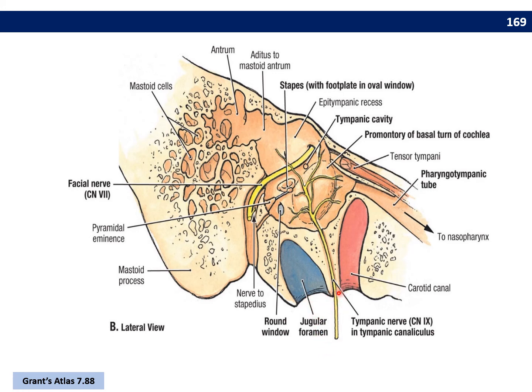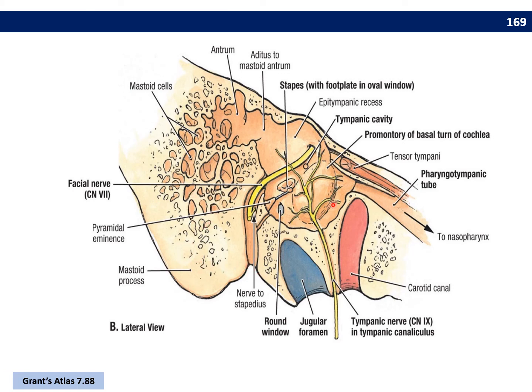Here's our tympanic nerve, which goes through this tympanic canaliculus to get to the promontory, where it then participates in the tympanic plexus. And then in this image, the bony covering of the facial nerve has been removed so that you can appreciate the facial nerve in the facial canal as it gives off its nerve to the stapedius, traveling through the facial canal to get to the stylomastoid foramen.